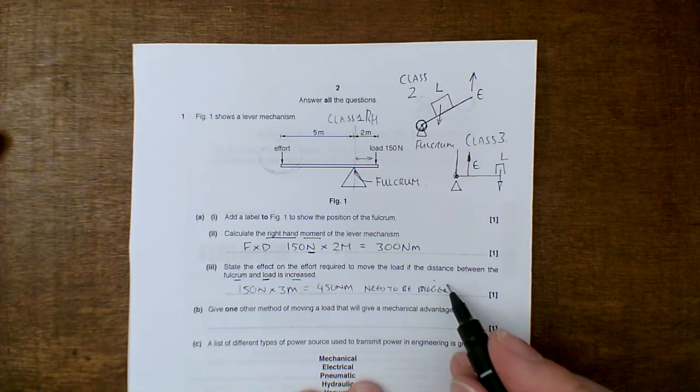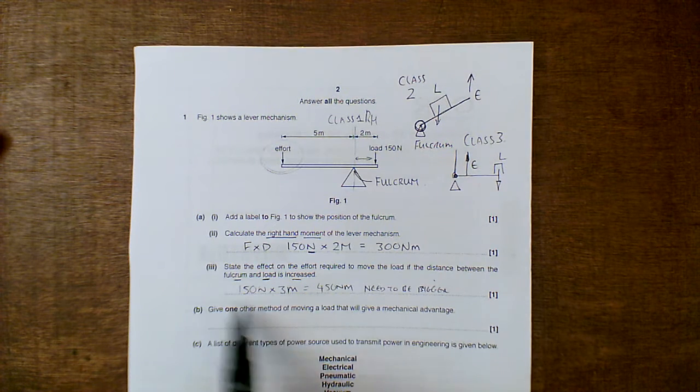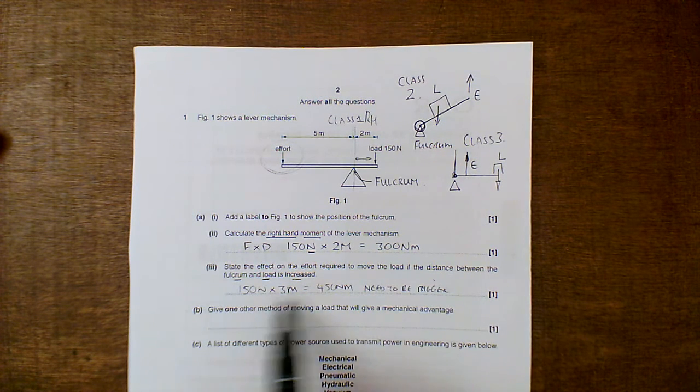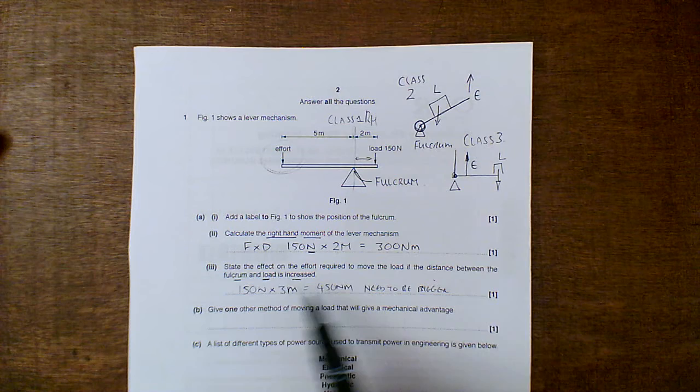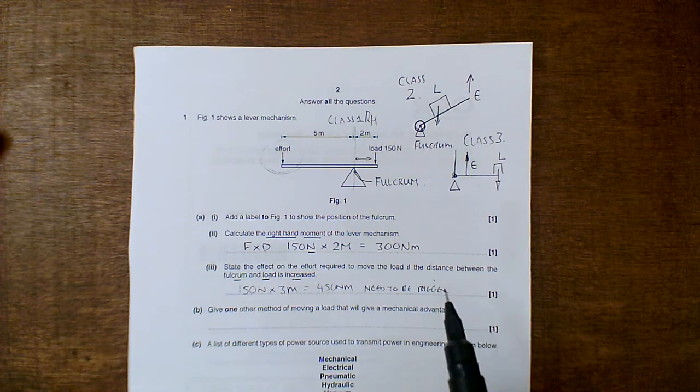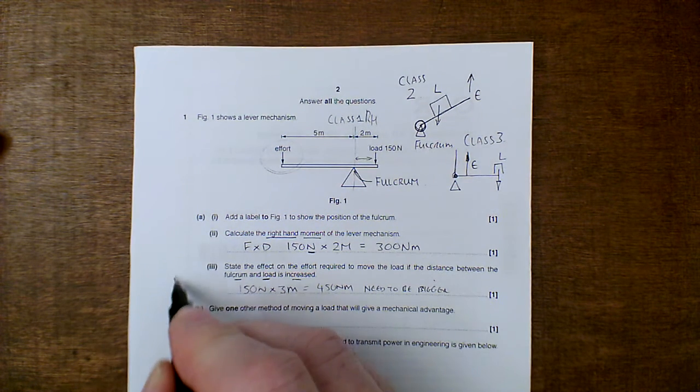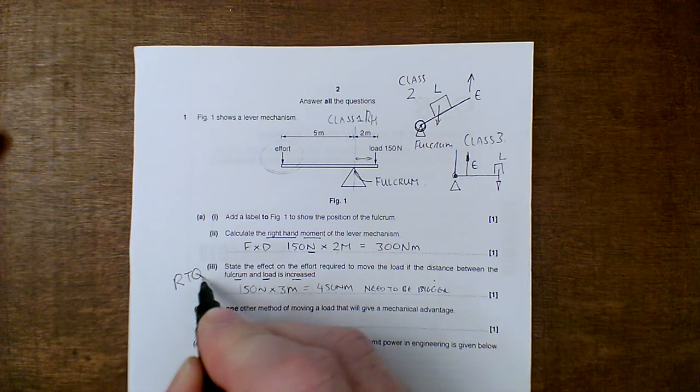And I'd be happy with more or increased, but this is the clue. This really helps me as an examiner see that you understand what the moment of force is. You've worked out what happens if the load's increased. So that's a good way of responding to that. Read the question. Read the question.